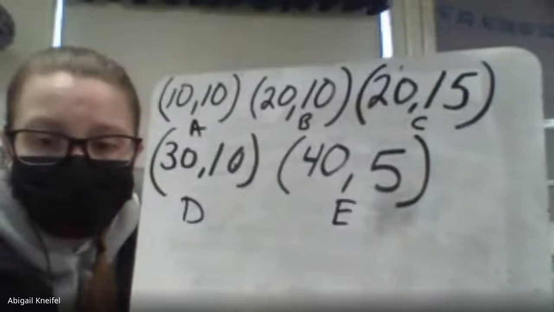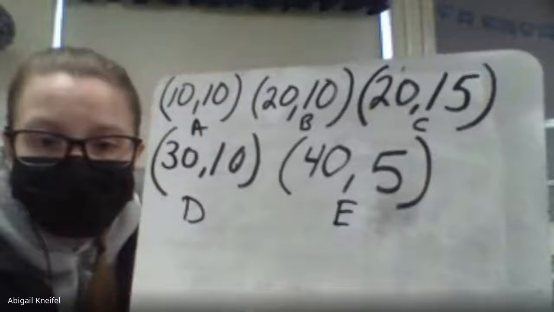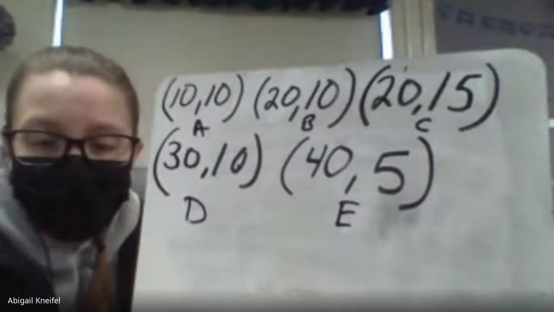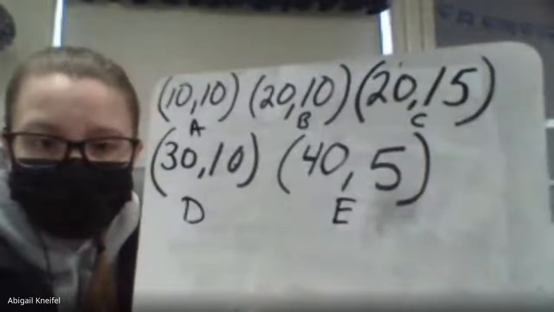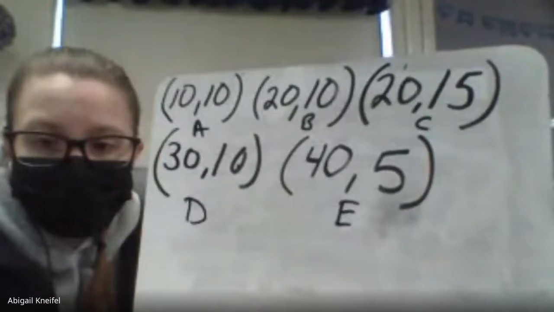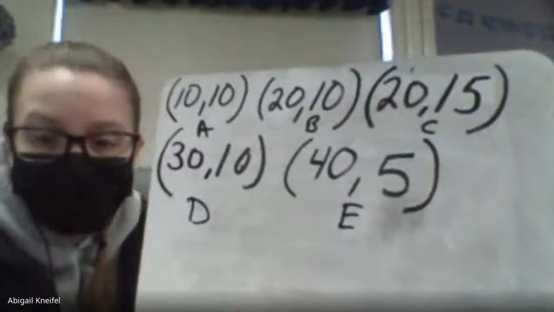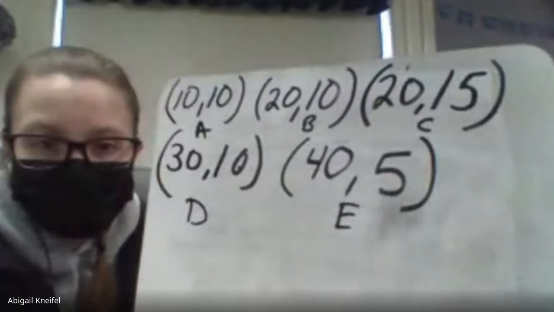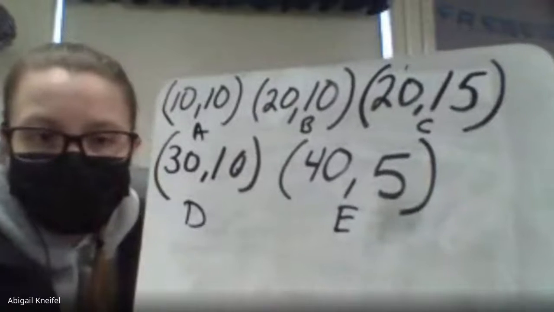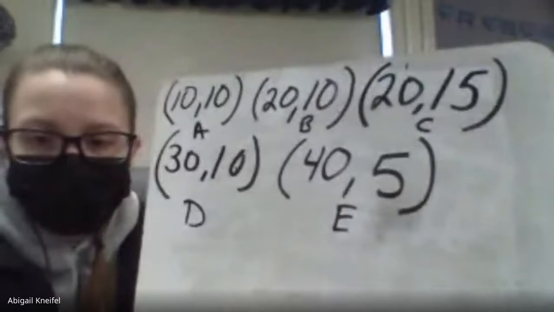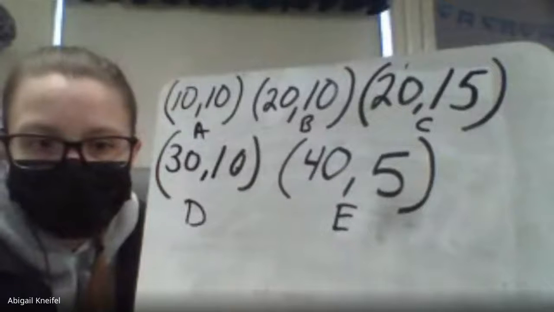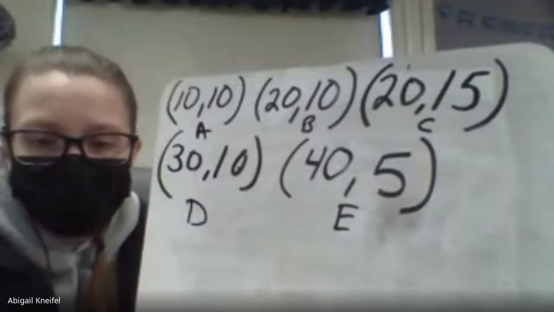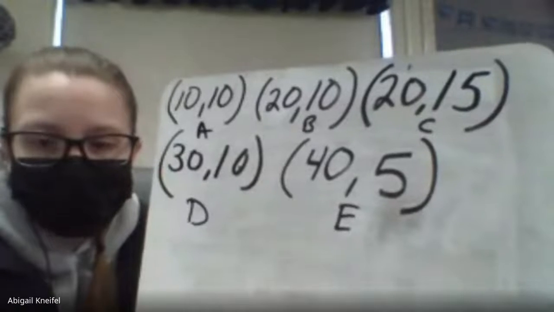You're making a graph, plotting those numbers. A, 10, comma 10. Write them down. B, 20, comma 10. C, 20, comma 15. D, 30, comma 10.